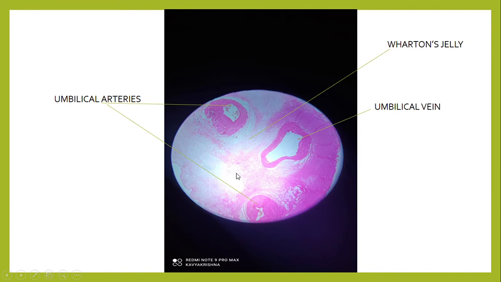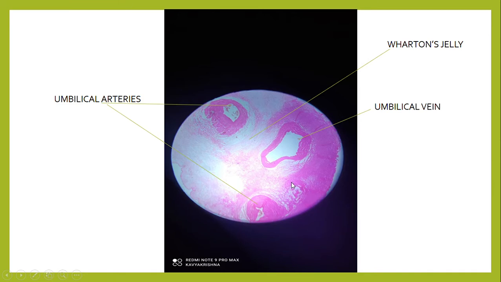So this is the appearance of a cut section of umbilical cord under the microscope. This is a low magnified view, with a magnification of 5. The objective I have used is 5x. The speciality is that when we use higher magnifications, we can't see this many vessels in a single view.